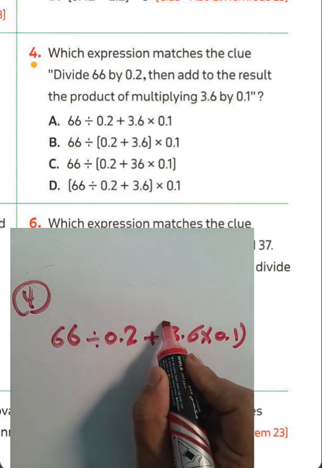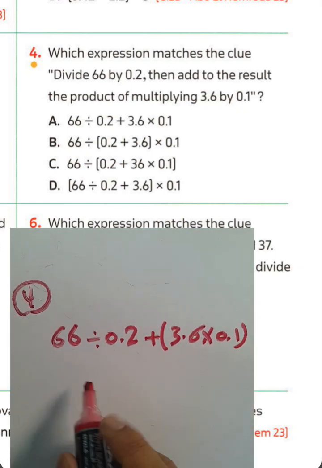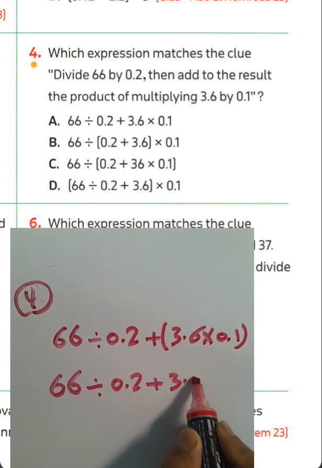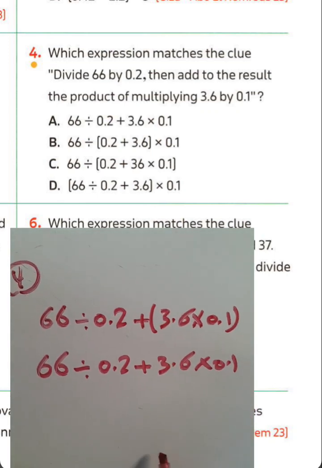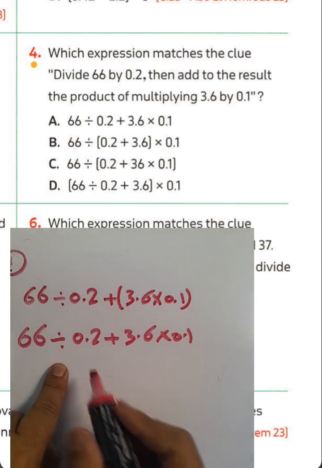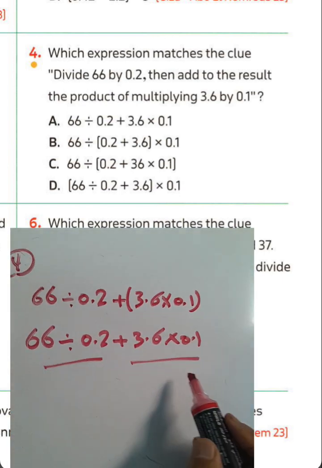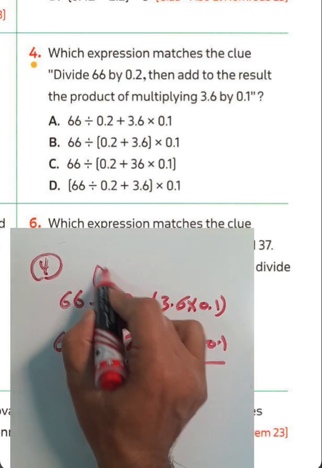We can write this in parentheses, or we can write 66 divided by 0.2 plus 3.6 times 0.1. Why? Because division is the first step, and addition is the last step. Choose letter A for question 4.